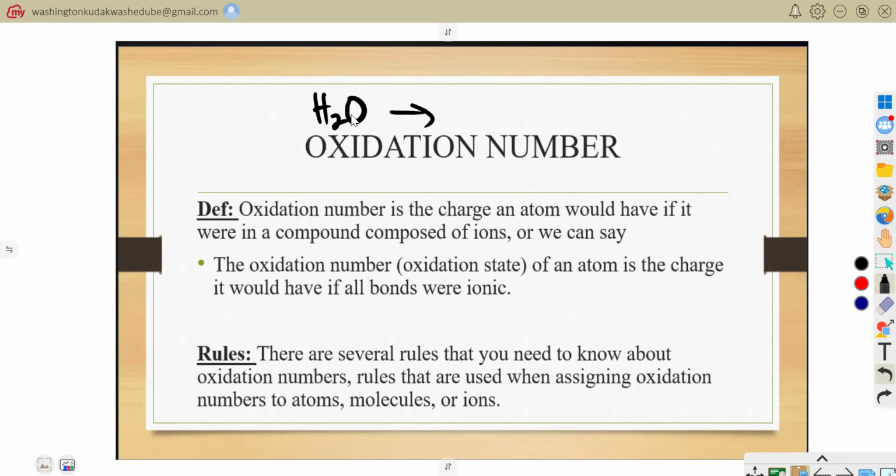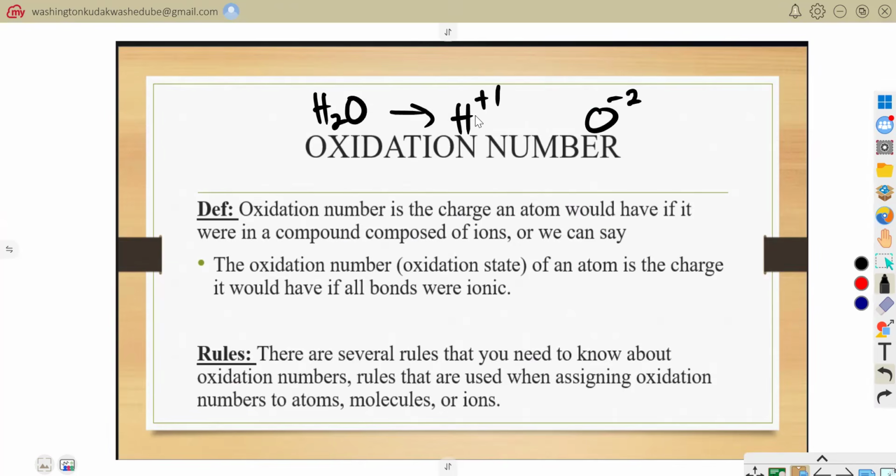For example, let's say that we have water. Within our water, we've got hydrogen atoms and oxygen atoms. If we assume that this molecule is made of ions, what would be the charge of hydrogen? What would be the charge of oxygen? The charge of hydrogen will be positive 1. The charge of oxygen would be negative 2.